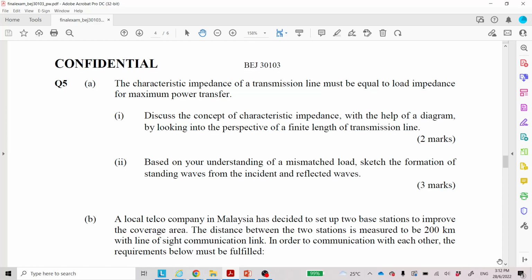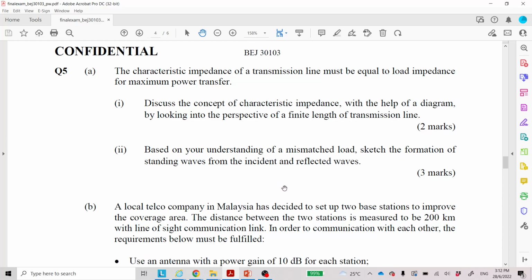So this is in the notes about the definition of the characteristic impedance. Okay. So based on your understanding of a mismatched load, sketch the formation of a standing wave from the incident and reflected wave.